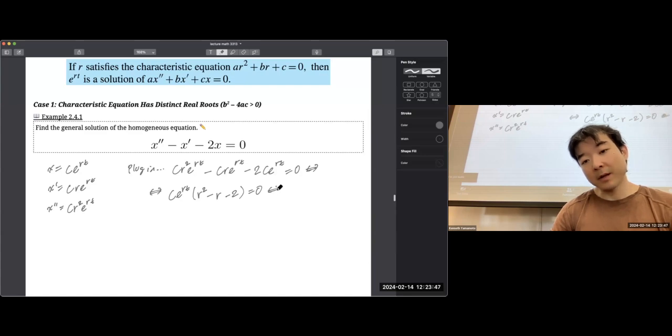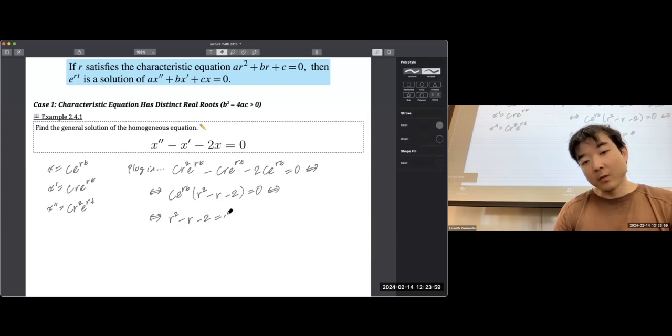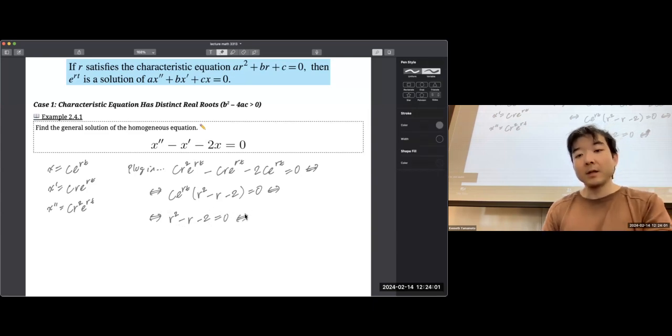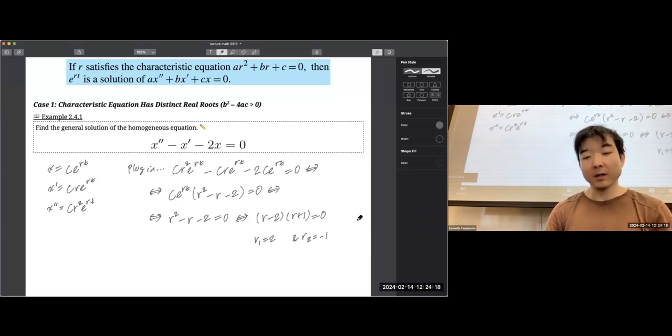And this will only happen if you had this thing, r squared minus r minus 2, equal to 0, which can be factored into r minus 2 and r plus 1 equals 0. So you get, therefore, r1, which is equal to 2, and r2, which is equal to negative 1. I'm just labeling the two roots of this.